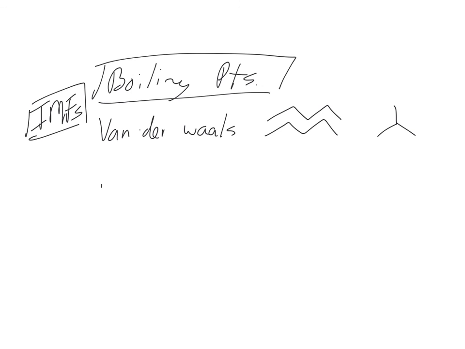The next are dipole-dipole interactions. You notice in van der Waals there are no polar covalent bonds. Dipole-dipole means now there are going to be some polar covalent bonds. A good example is diethyl ether versus hexanes.